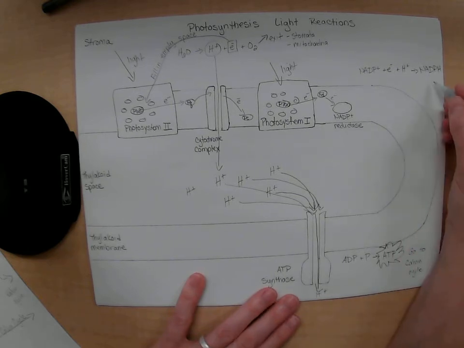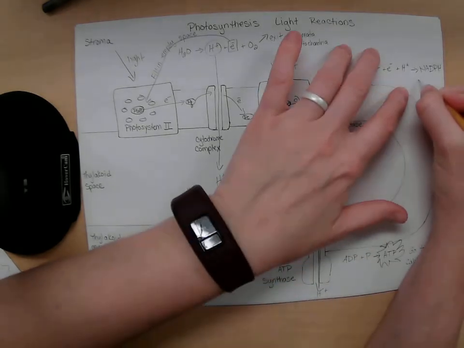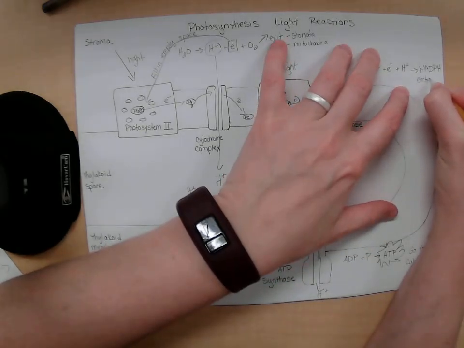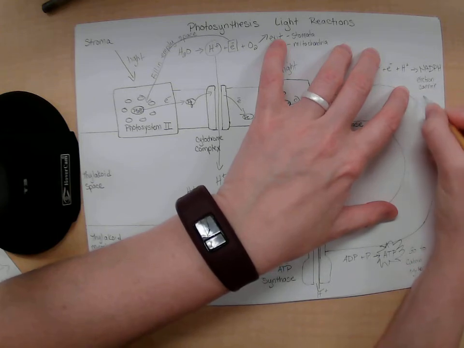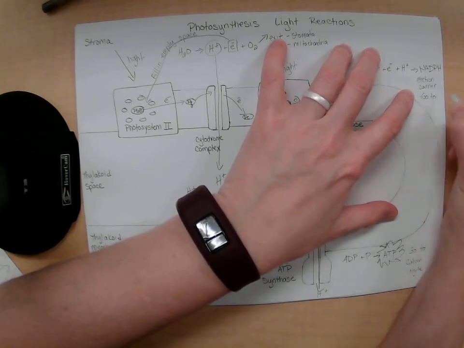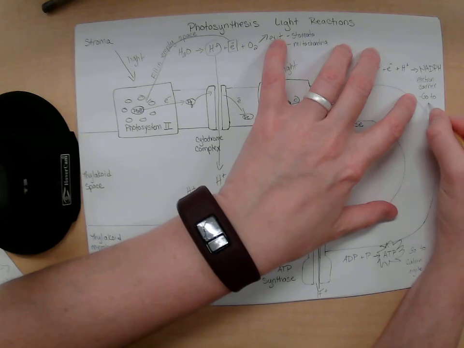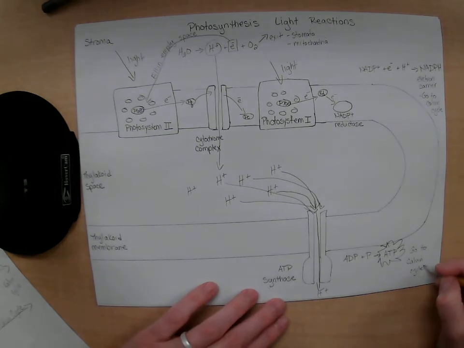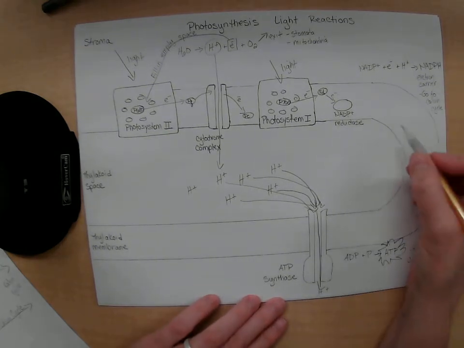The NADPH is an electron carrier, and it's also going to go to the Calvin cycle. So we will see the NADPH and the ATP again.